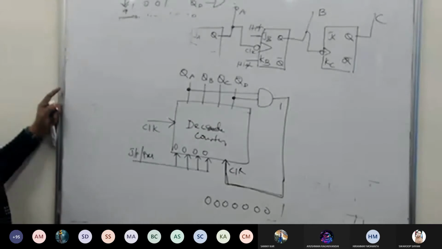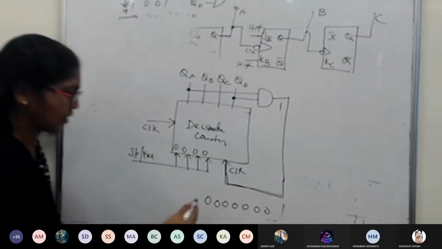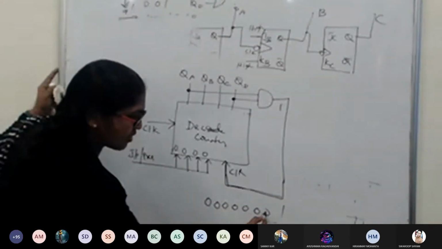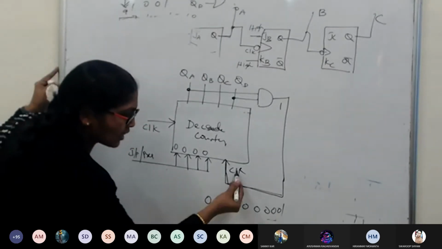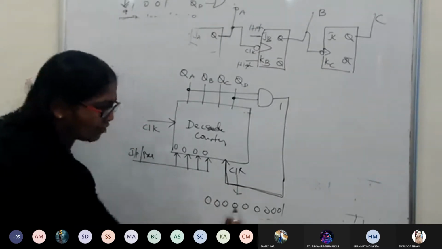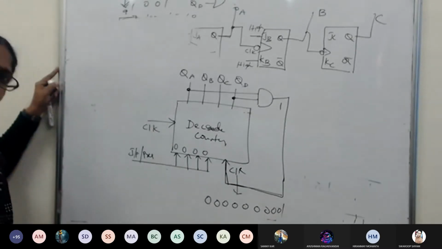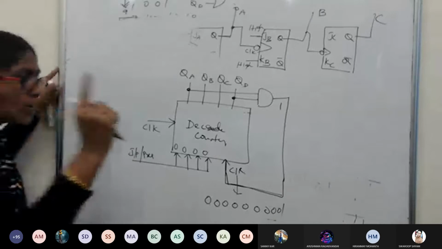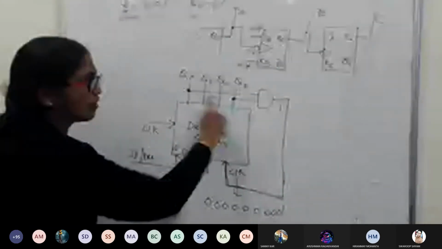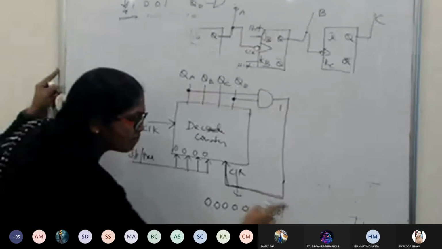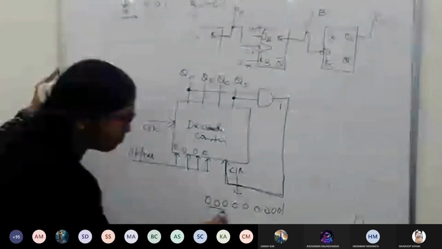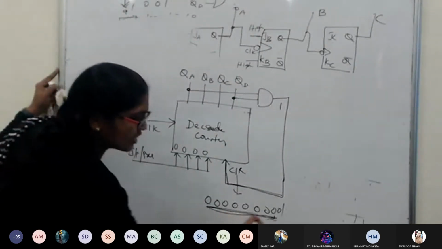Did you understand? Please try to understand what I am explaining here. 3, 4, 5, 6, 7, 8, 9. I am talking about the clear. All the time it stays at level 0. Only when these two combinations give 1, because of the connection, it immediately changes.